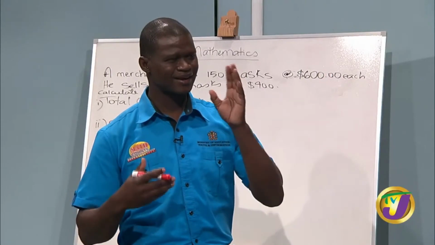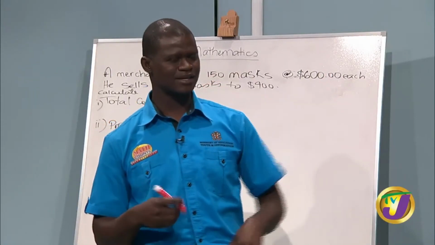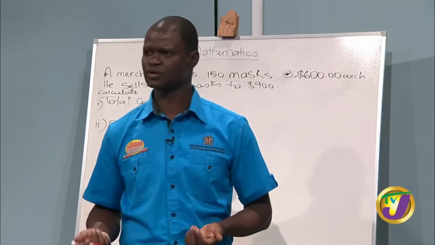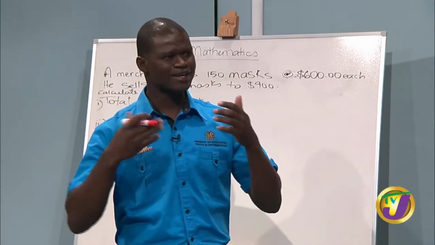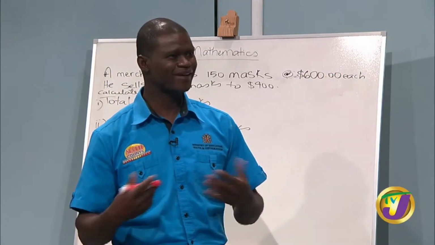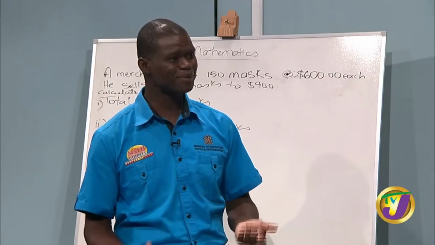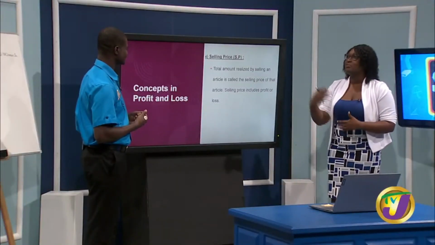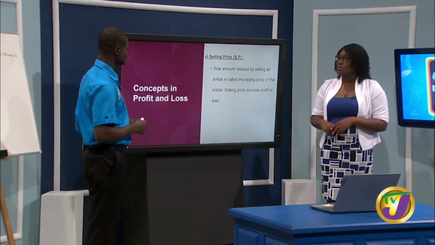There's a misconception that students have that since percent is out of 100, you cannot get more than 100%. But what if I double my money? What if I triple my money? There are times when my selling price was more than 100. You remember that example where the percentage profit was 120%? I made more than 100.